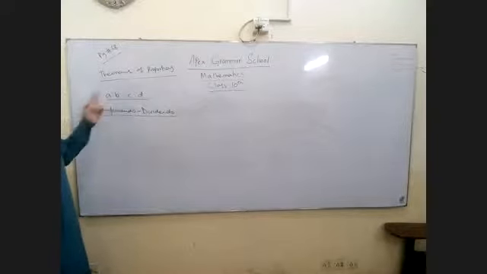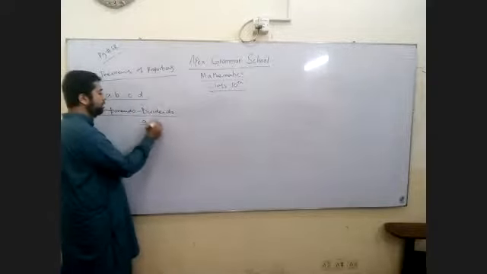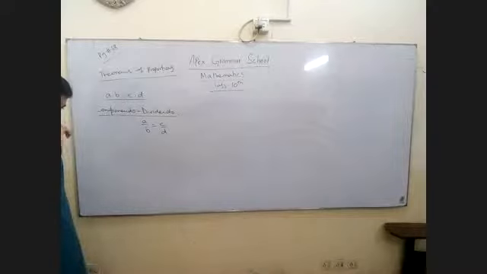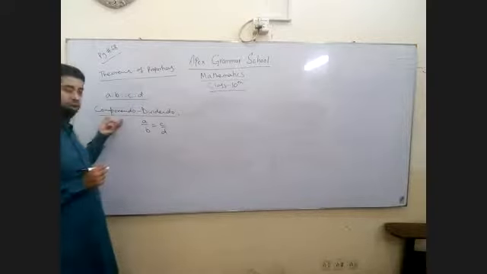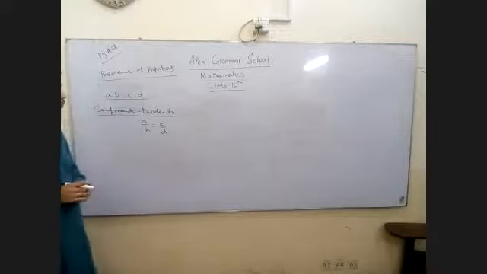A ratio B, we can write it as A over B. C ratio D, we can write it as C over D. Now you need to apply here the componendo addition property and the dividendo subtraction property. So how can we apply it here?